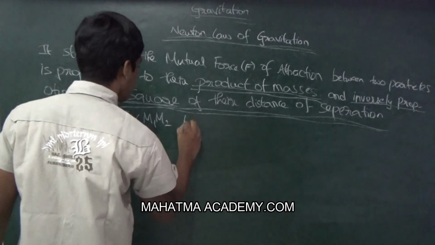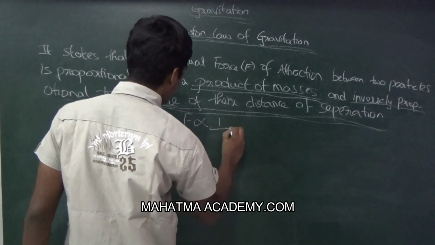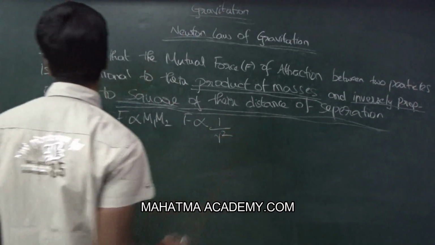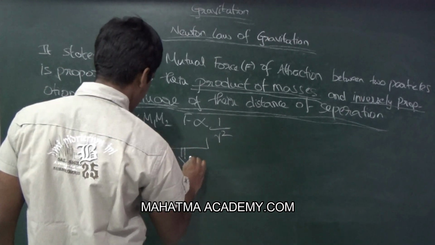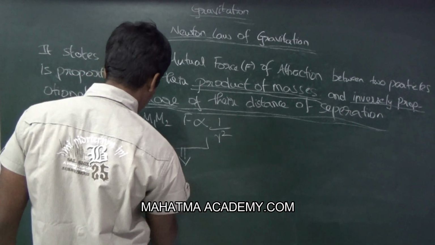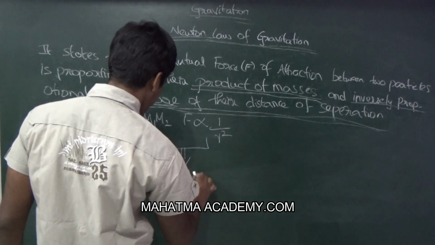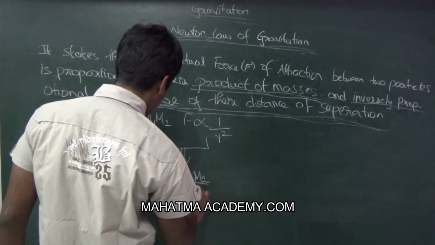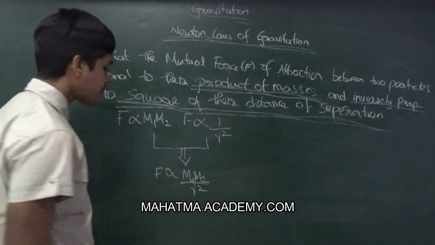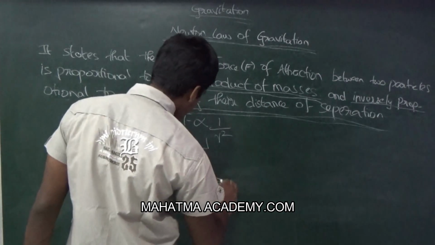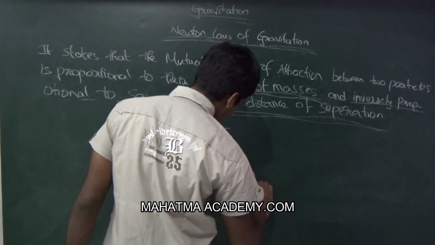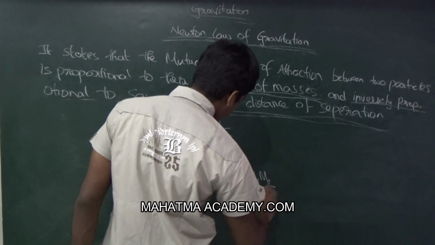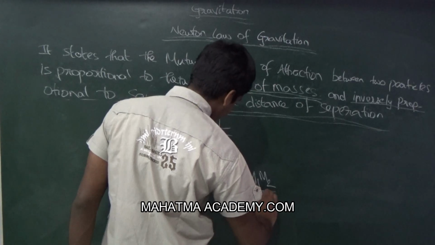F is inversely proportional to 1 by r square. Now we will club both as F is proportional to M1 M2 upon r square, and we will get the proportionality constant as G. It is written as F equals G M1 M2 upon r square.